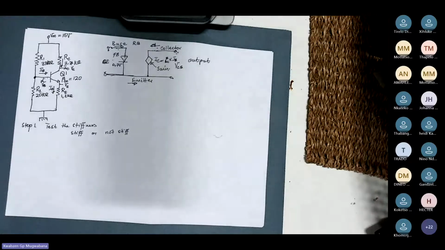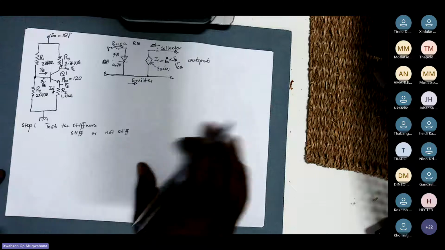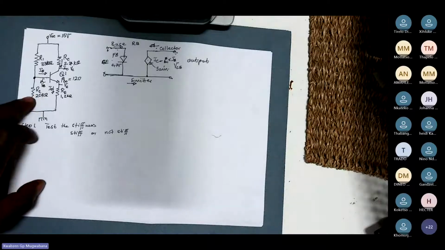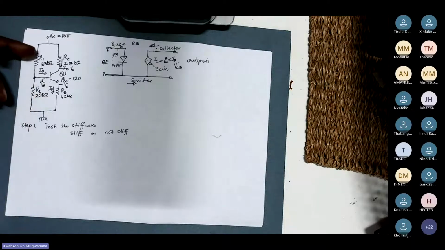And for us to do that, because the connection of the base is a wire connected in between your R1 and your R2, there is no specific resistor connected into that base. Let's go and determine this magnitude.